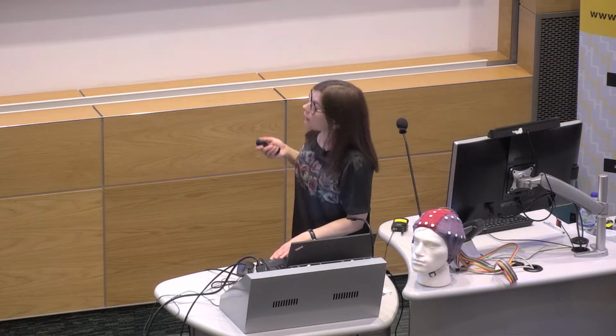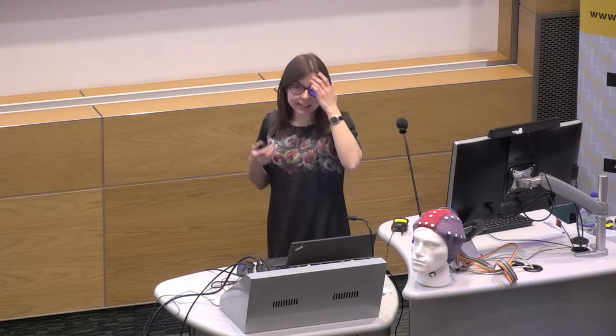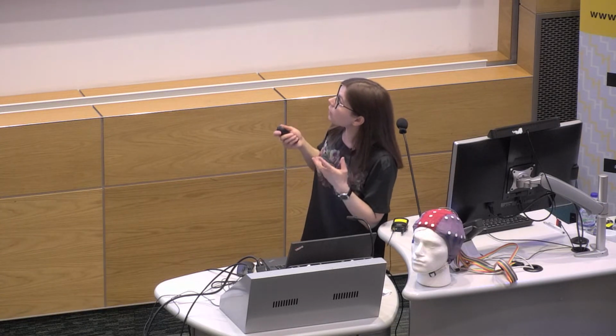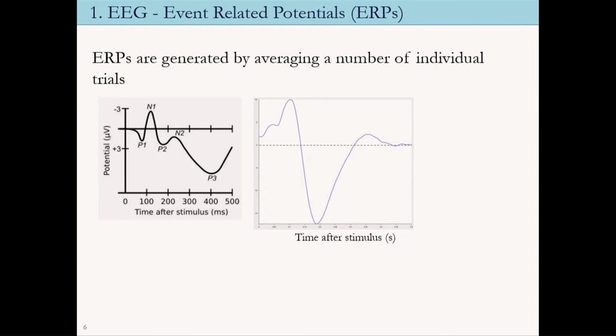And there are many ways of analyzing this EEG data, the electrical data. I will mention just two, which are important for the experiment that we are going to describe a bit later. One way is averaging all the signals that we are collecting. When a participant comes in our lab, he or she performs the task many times, not just once.